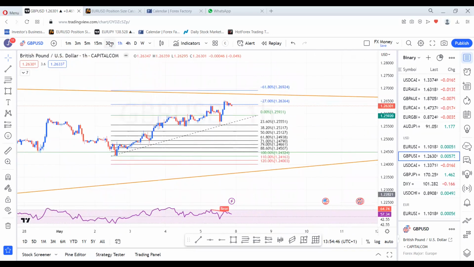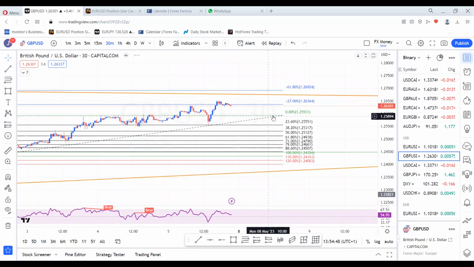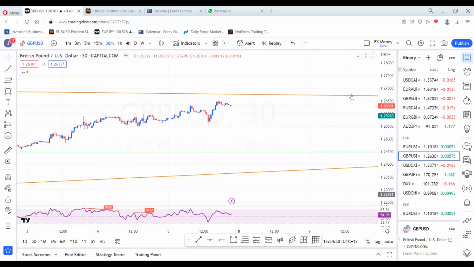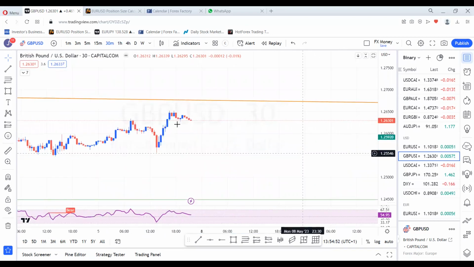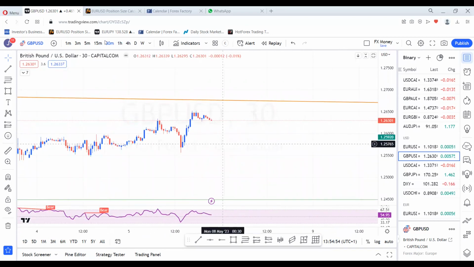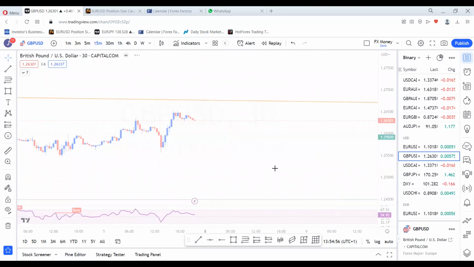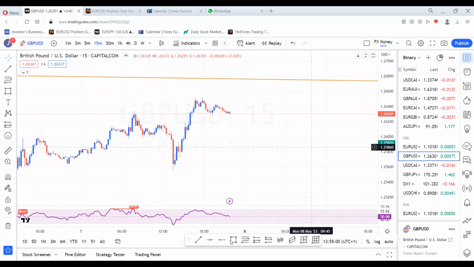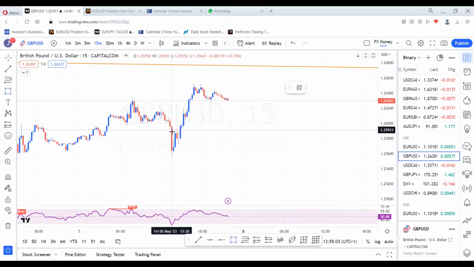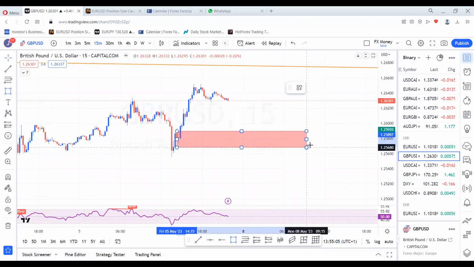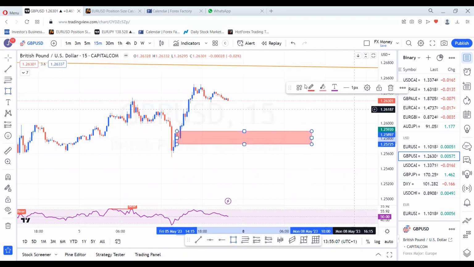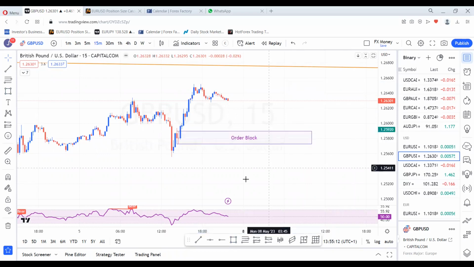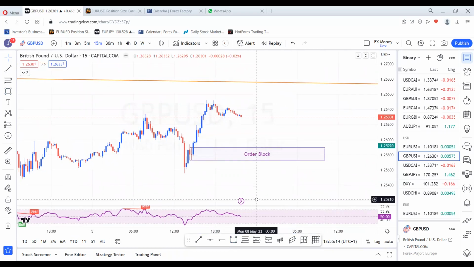So if you go to the 30 minutes, on the 15, we have a valid demand zone right here. We are expecting the market to at least come to it.